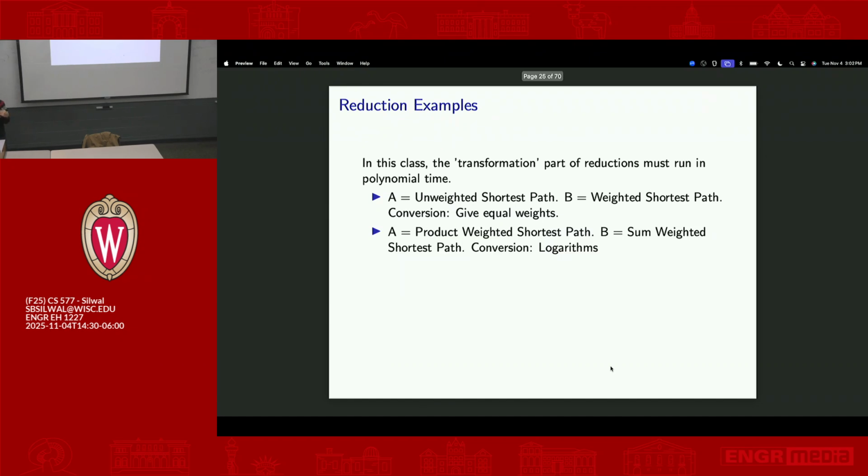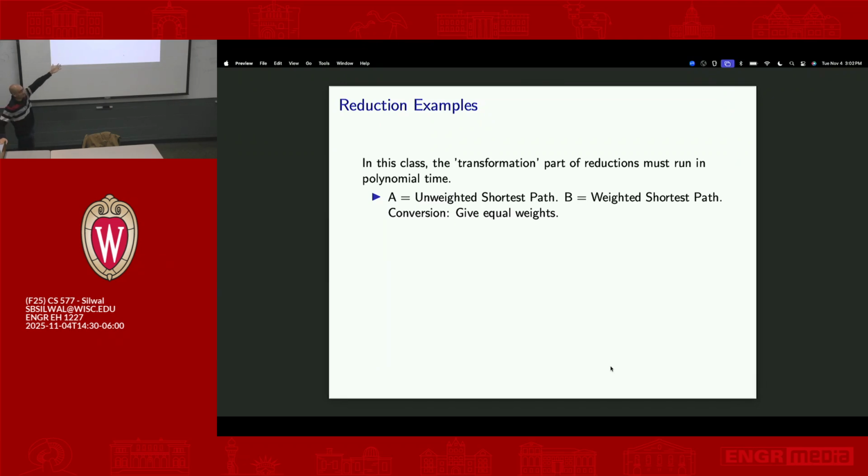So clearly A is a special case of B, because I can take whatever the algorithm is for B and just run it on a graph where I pretend all the weights are 1. So that's why A reduces to B, okay? B is a harder problem than A.